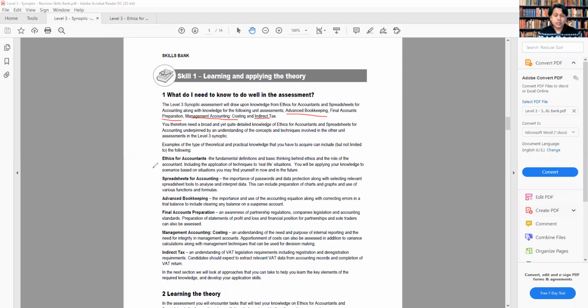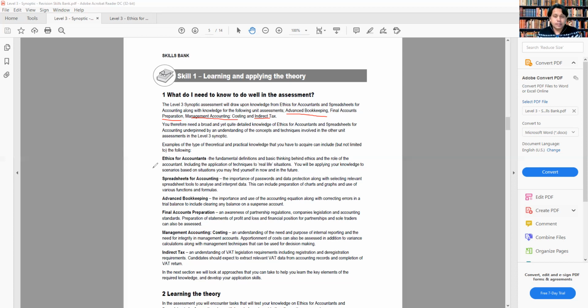The next thing is the threats that you already know: the threats of self-interest, self-review, familiarity, intimidation, and advocacy. And the fundamental principles of ethics are integrity, confidentiality, professional behavior, professional competence, and objectivity. So that is all the basic things that will come in the exam.